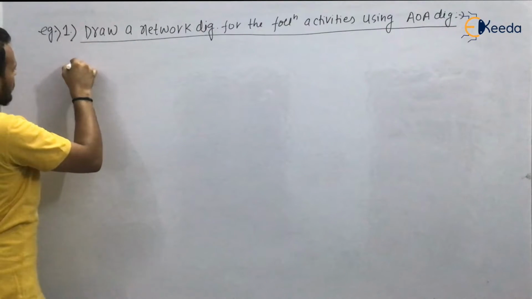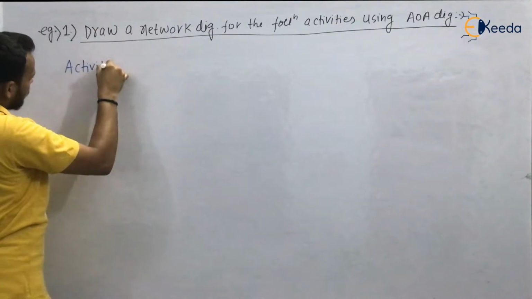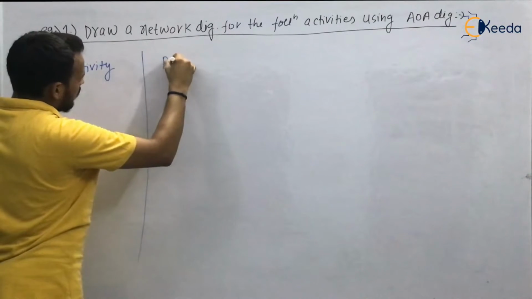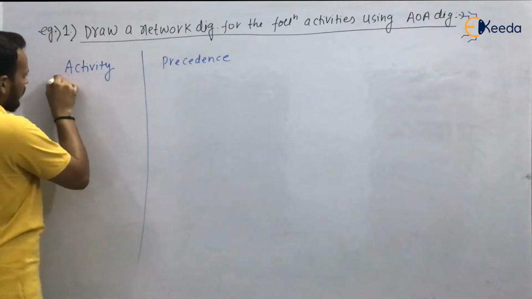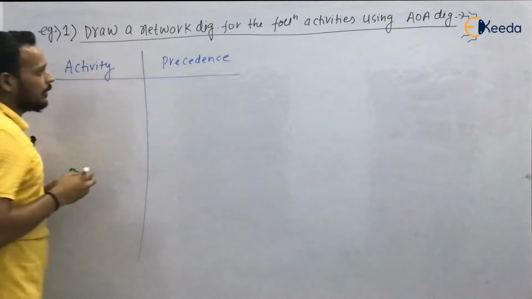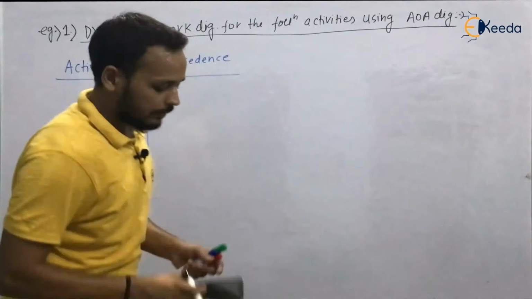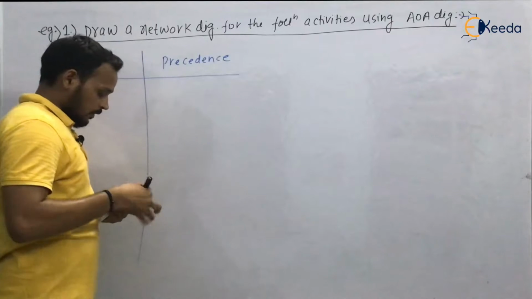It will be given like this: activity, and the second one is precedence. Activity and precedence. So I am taking the first example.